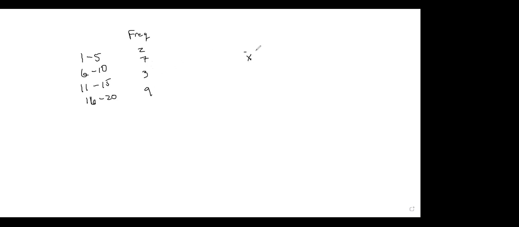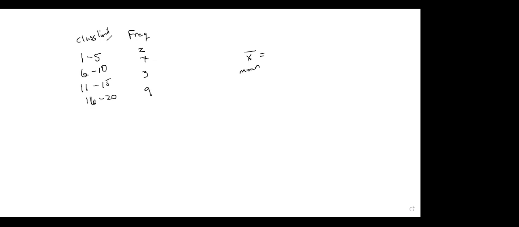And we want to find the mean. Anybody remember how to find the mean for this? This was the class limit. Anybody know how to find the mean for this?